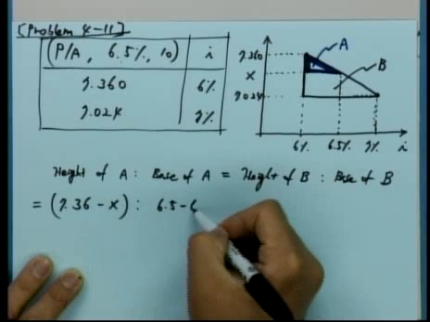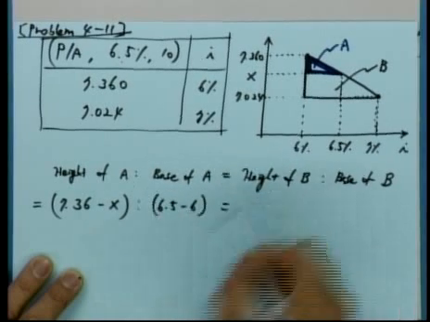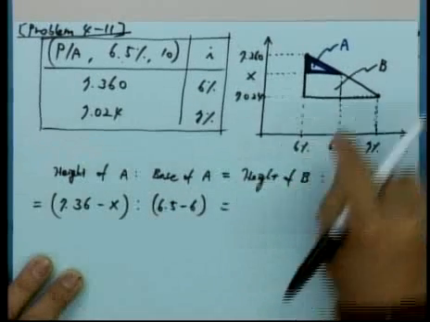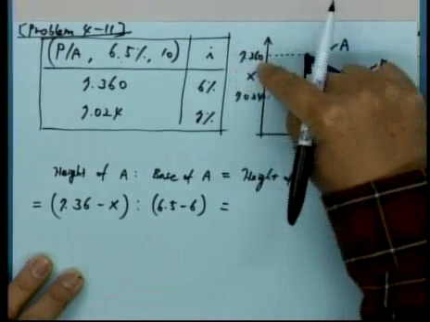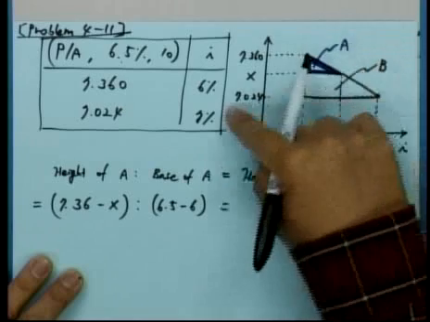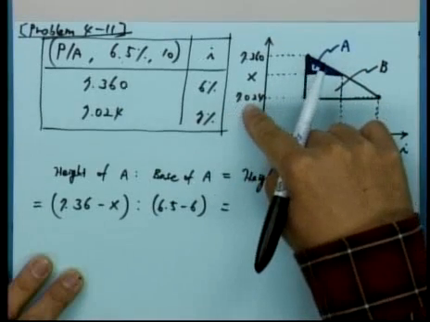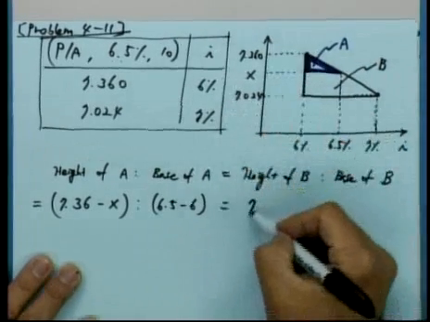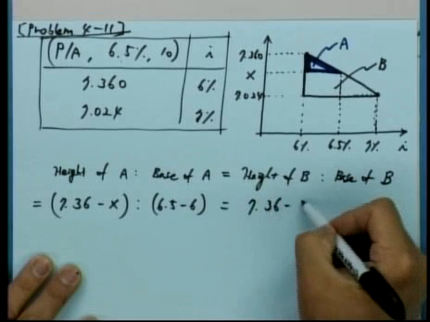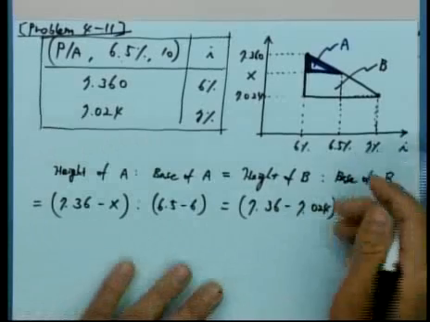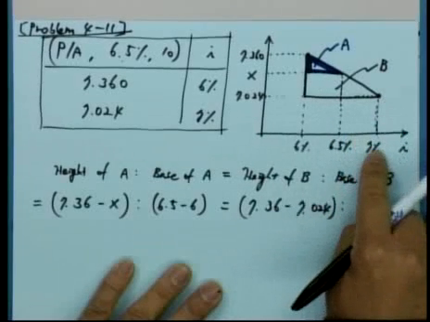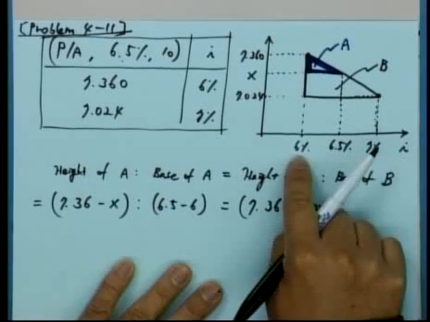Likewise, the height of triangle B can be obtained by 7.36 minus 7.024, versus the base of triangle B, which is 7% minus 6%.